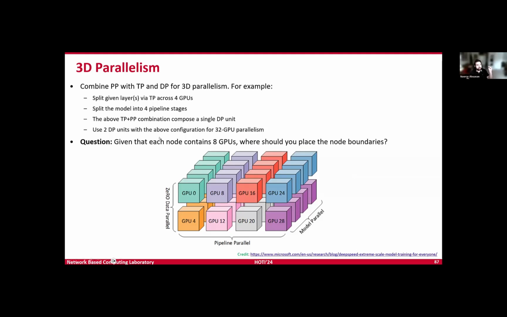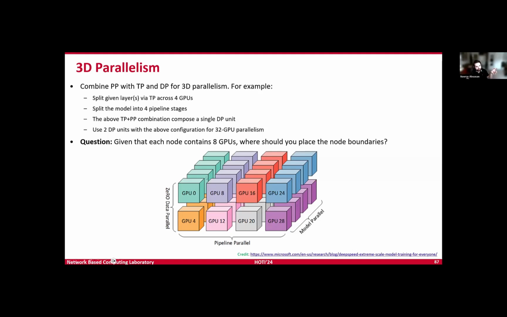So we need to be careful about how we place these different parallelism schemes in a network topology. Let's say we have 32 GPUs, and on each node we have 4 GPUs. For example, in this teal color, GPU 0 to 3 is one node, and then GPU 4 to 7 is one node, and so on. Within the node, we usually have much higher bandwidth because of the spatial proximity, the GPUs are closer, but also the interconnect is faster.